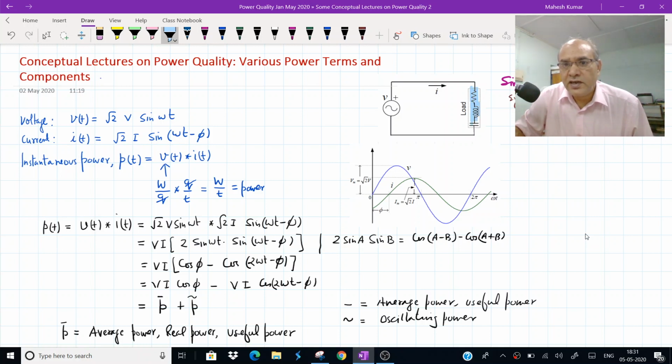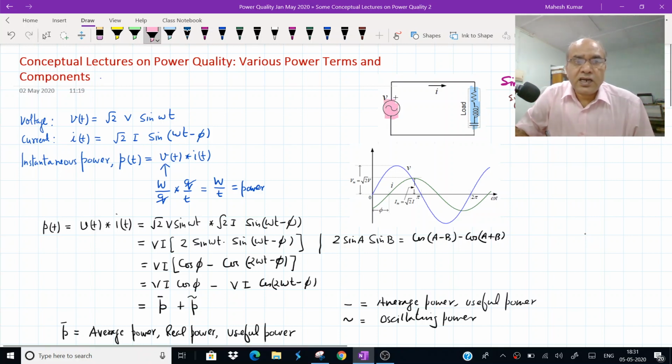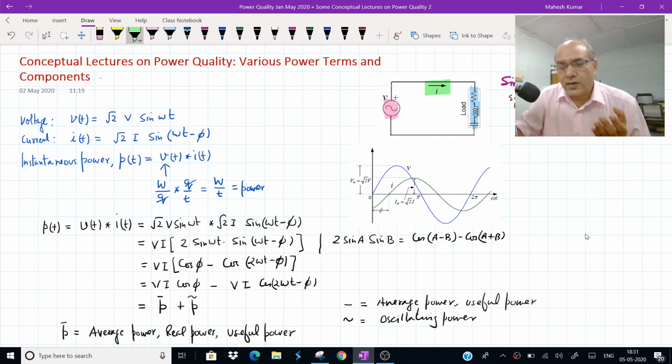It has a source which supplies the voltage, and it has a current which is flowing in the circuit. This is a very general description. So in general, a single phase AC system is like this. You have a source, you have a voltage, you have a current.